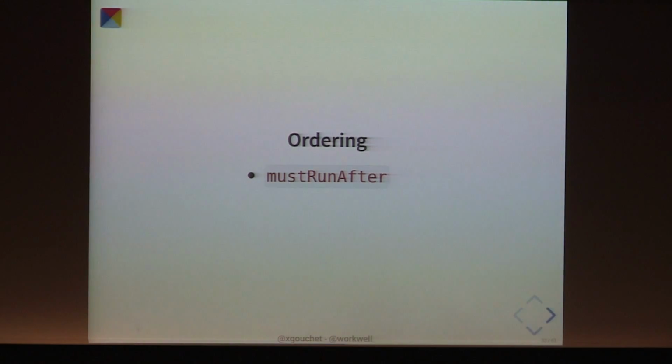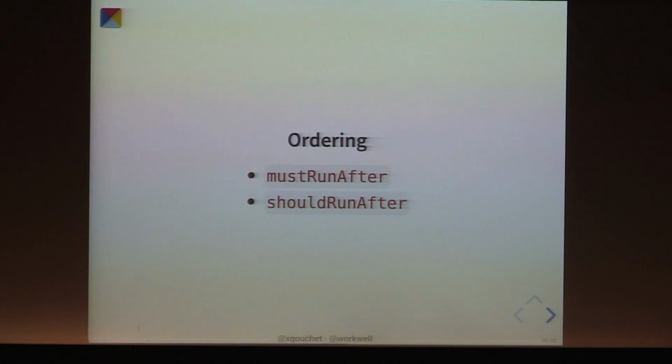So you have mustRunAfter and shouldRunAfter. The mustRunAfter says, okay, my task absolutely needs to run after another one, if they are both present. So it's simply to say, if another task is called, then mine must run after it. But if it's not there, I don't have to call it.